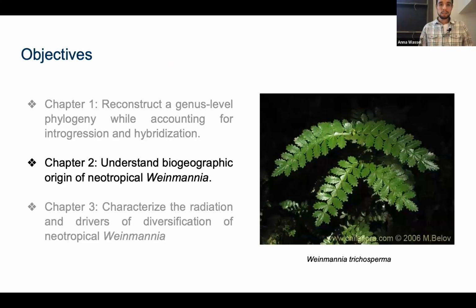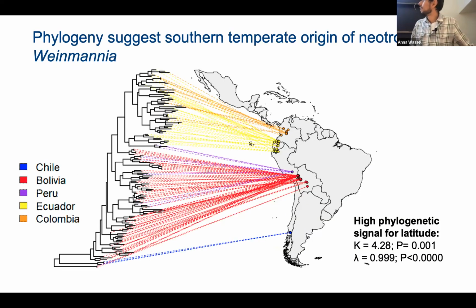So regarding the second chapter, understanding the biogeographic origin of neotropical Weinmannia, just by sight, we can see that the phylogeny suggests a southern temperate origin of neotropical Weinmannia here.